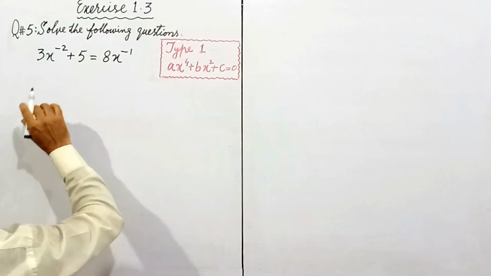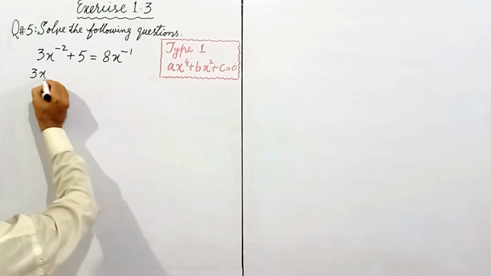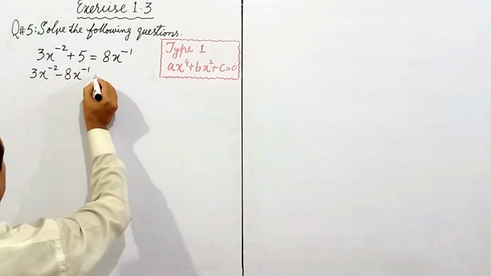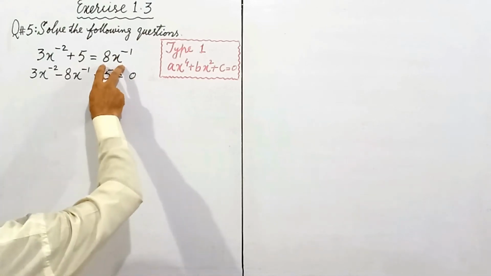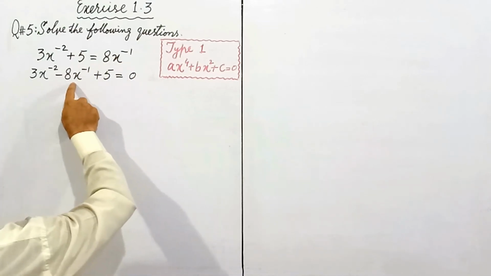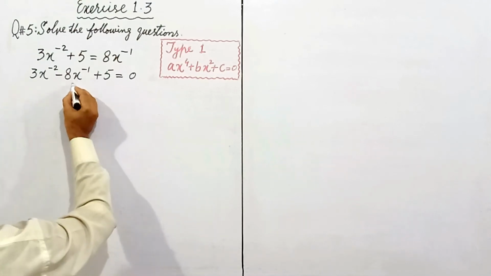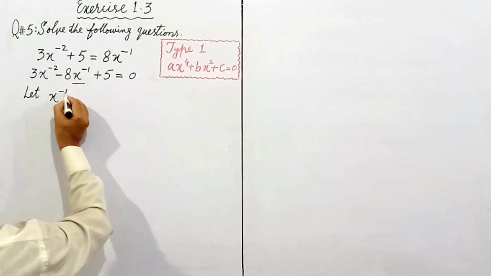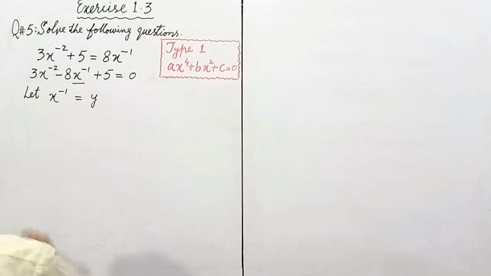In this given equation, we first rearrange it. 3x raised to the power minus 2 minus 8x raised to the power minus 1 plus 5 is equal to 0. 8x is taken to the left hand side, becomes minus 8x raised to the power minus 1. After the arrangement, we let x raised to the power minus 1 be equal to y. Taking square of both sides, we get the value of x raised to the power minus 2.